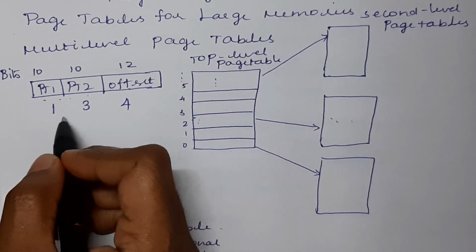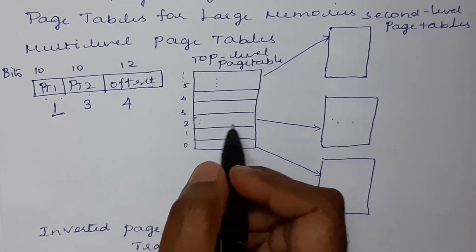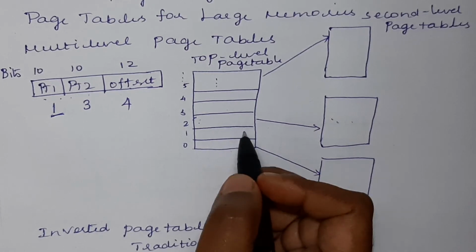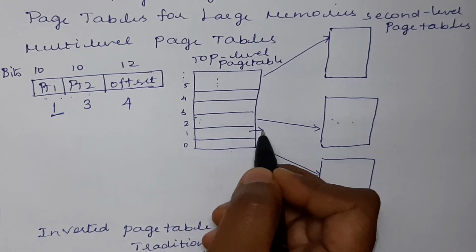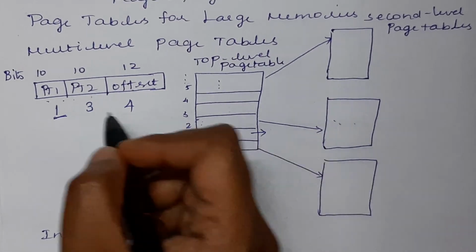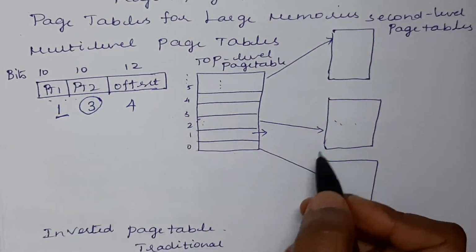First it refers to the value of PT1, which is the index. If it is number 1, from this index value we get some number, which is the index referred to by page table 2.